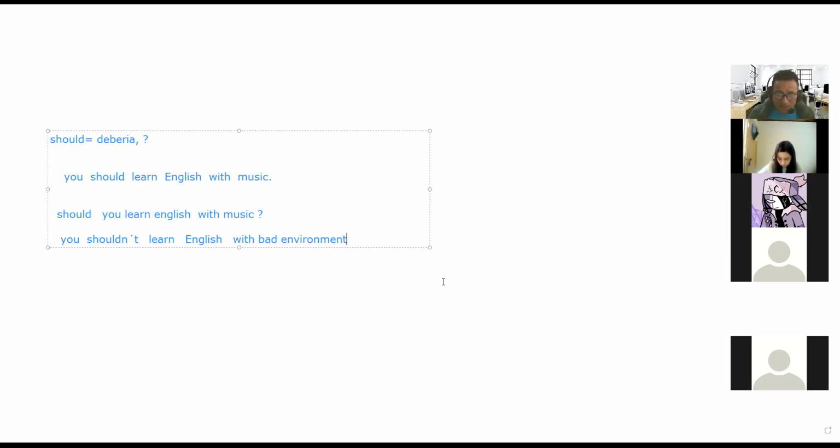So yesterday, another aspect, another review that we're going to study, is how many and how much. Remember, we studied that. How many is when something is countable.